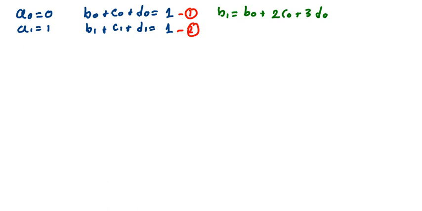From the second derivative, we came up with the fact that our c sub 1 was equal to c naught plus 3d naught. Once again, this I can name as my equation 3, then this as my equation 4. This portion here was after we applied the interpolation conditions. This was after we applied the first derivative. This was after we applied the second derivative.